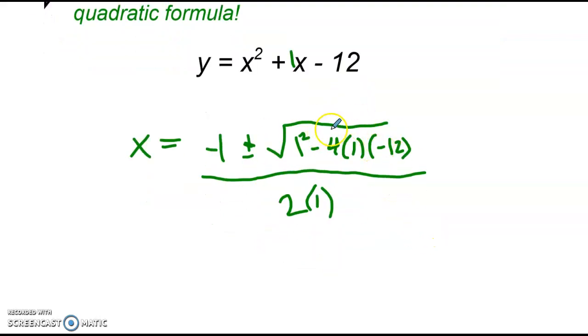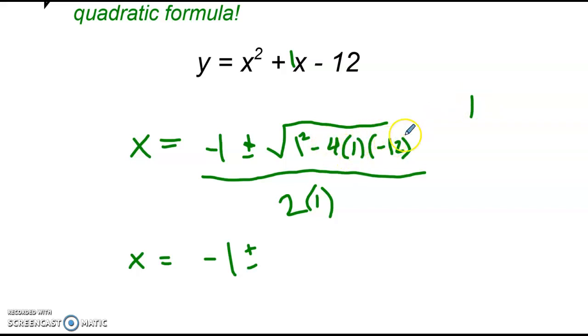And I think the trickiest part here, most of the work, lies in simplifying this part that's in the square root. I'll leave this negative 1 plus or minus alone. Now let's see if we can do some of this mentally. Well, 1 squared is 1. And then I have negative 4 times 1 times negative 12. So negative 4 times 1 is negative 4.